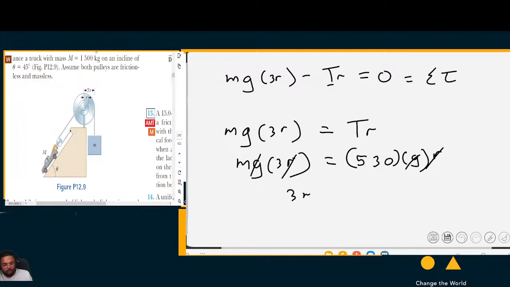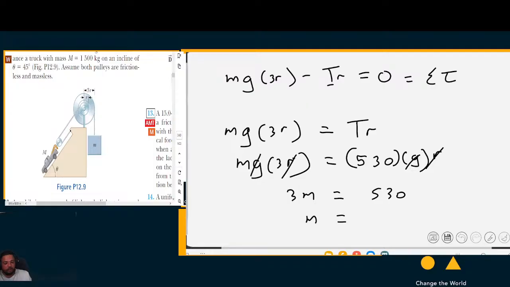So 3M is equal to 530 newtons, with G and R cancelled.